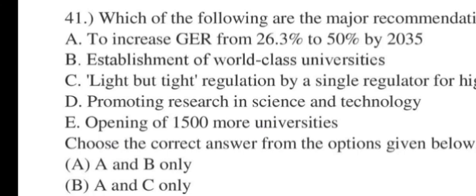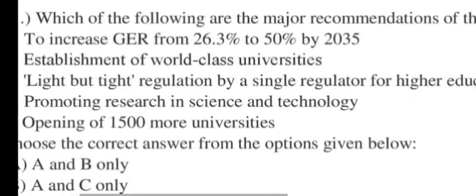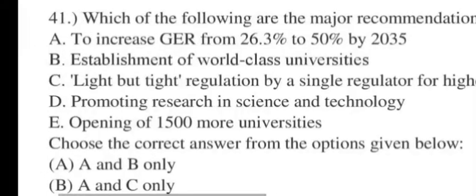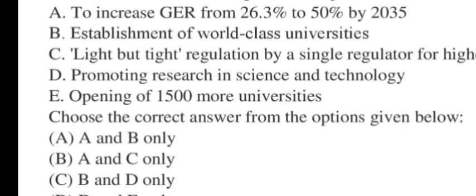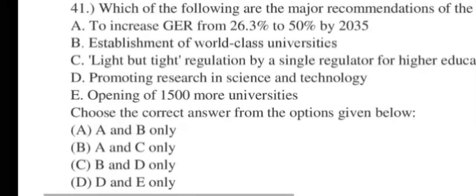C, light but right regulation by a single regulator for higher education. D, promoting research in science and technology. E, opening of 1500 more universities. Choose the correct answer from the options given below. A, B; A, C; B, D; D, E only. 41. Correct option for the said question, it will be A and C. A and C will be correct.